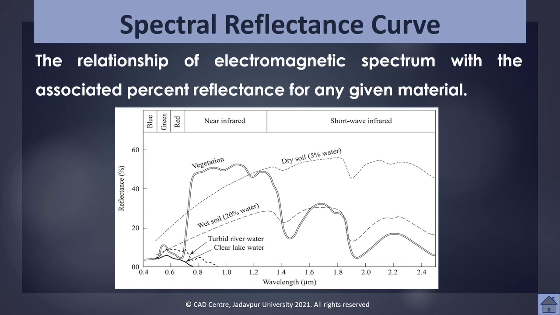Basically, with the increase in wavelength, the absorption property of the water will be increased. Thus, water typically looks blue or blue-green due to stronger reflectance at the shorter wavelengths, and it appears darker if viewed at red or even NIR wavelengths.